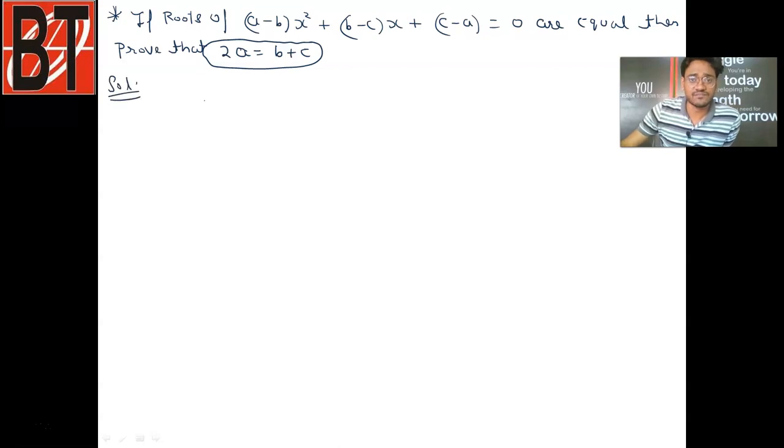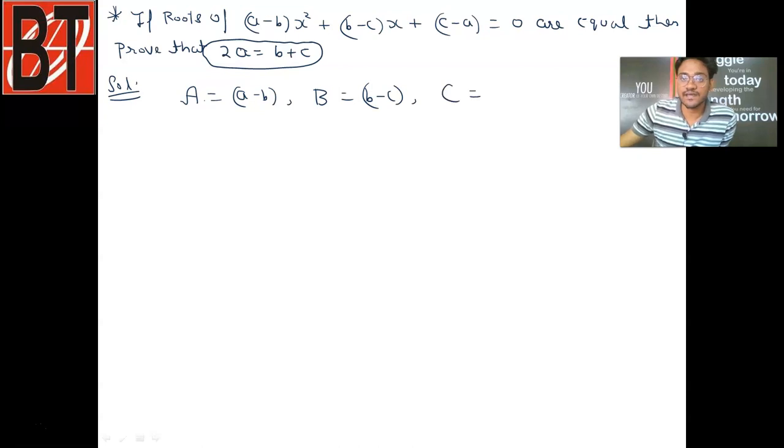Okay, students, just let me know what is the coefficient of x square here. Let me use capital A because A, B, C are used in the equation already. Okay, so capital A is a minus b, capital B is b minus c, and capital C is c minus a.